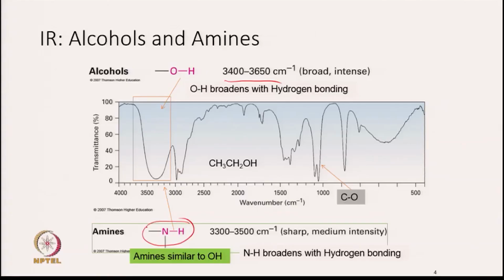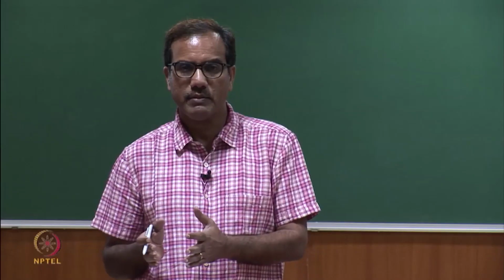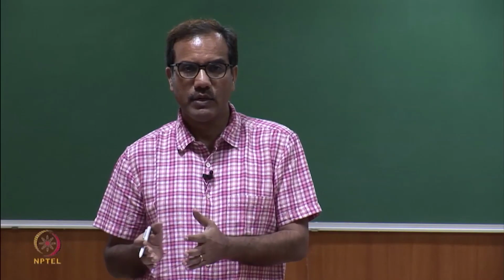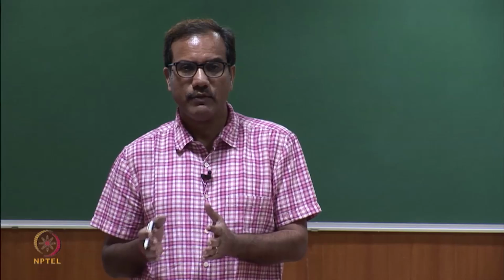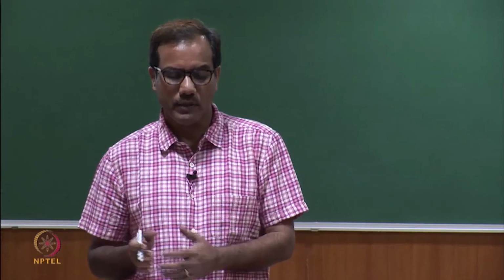Similarly, NH can be seen by a sharp medium intensity peak around 3300 to 3500 centimeter inverse. So a very sharp peak at 3300 to 3500 centimeter inverse can indicate to us an amine functional group in the compound.